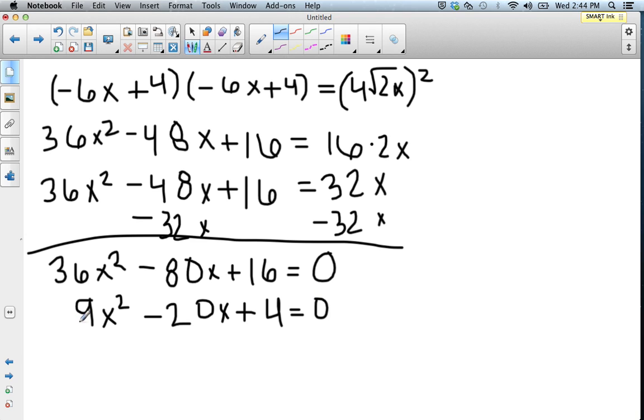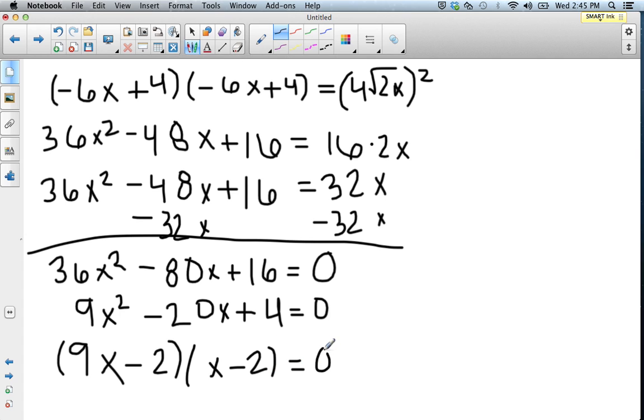Now again, you can do A times C, rewrite the middle term, do your T-chart, all that stuff, but I'm going to go ahead and write out the factors, just doing guess and check. I know that it's 9x minus 2 times x minus 2 equals 0.